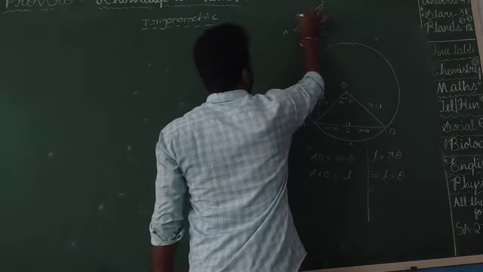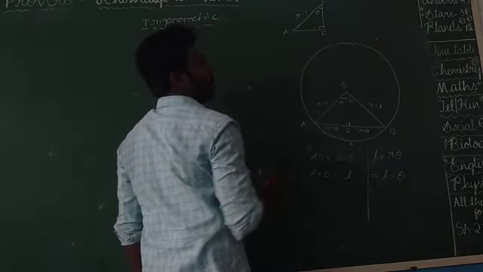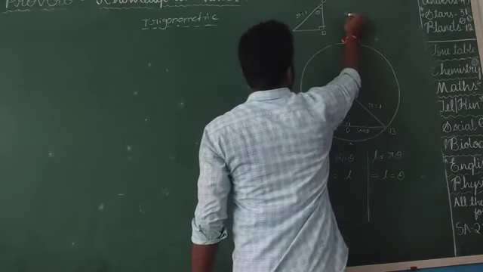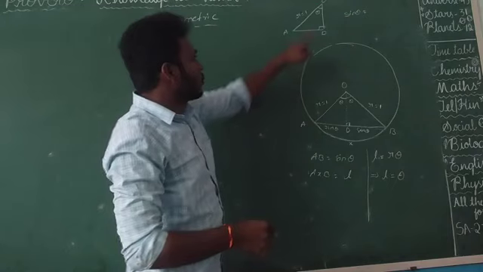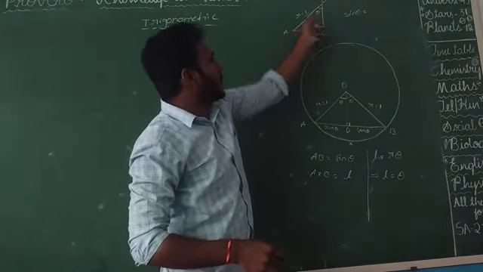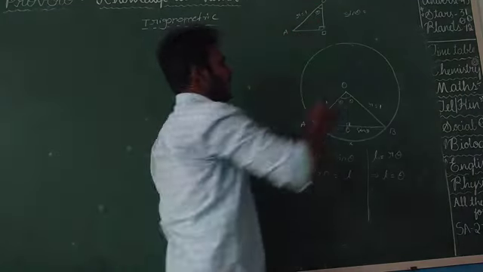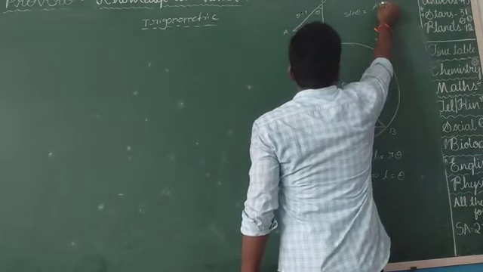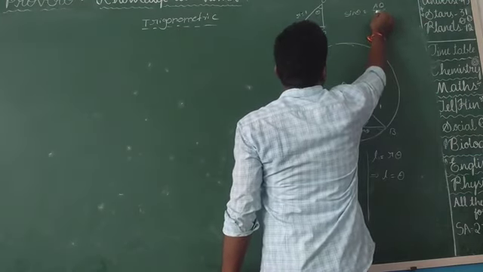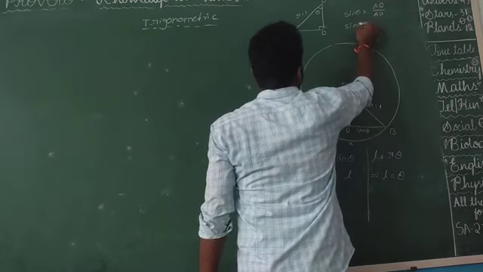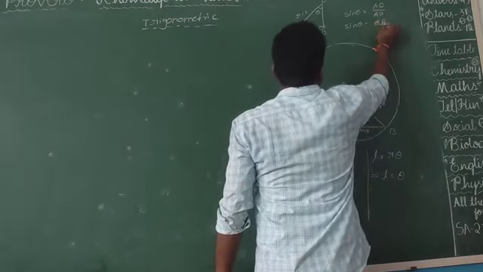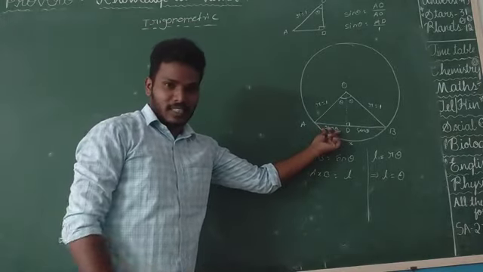Its radius is 1, r is equal to 1. Now applying sin theta is equal to the side opposite to theta. Theta is here, then the opposite side is AD, so AD by AO. AO is 1, so sin theta is equal to AD by 1. That's why AD is equal to sin theta.